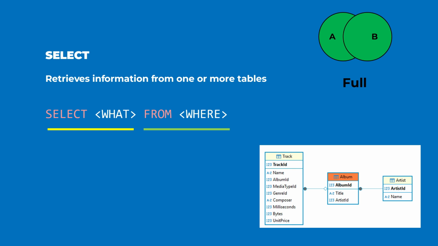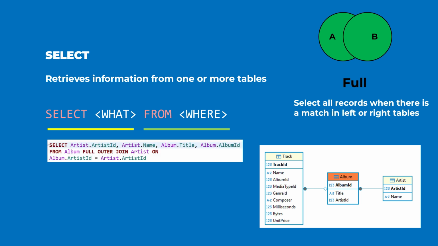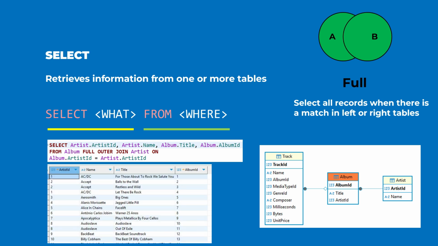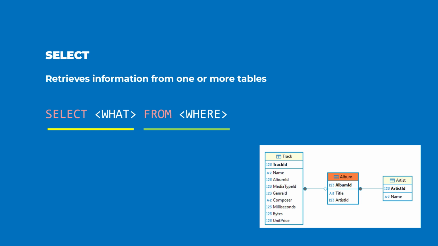The full join lets us select all records when there is a match in the left or right table. Here we can use the full outer join clause on the artist ID field from both tables, and we can get our records from both tables. Most SQL queries contain a single select statement that returns data from one or more tables. SQL also enables you to perform multiple queries and return results as a single query result set.